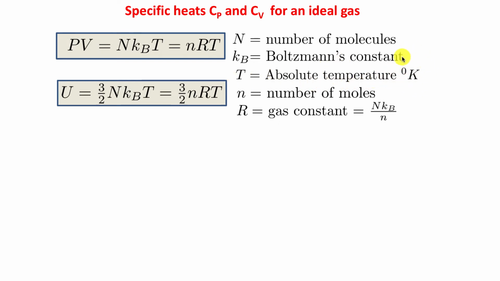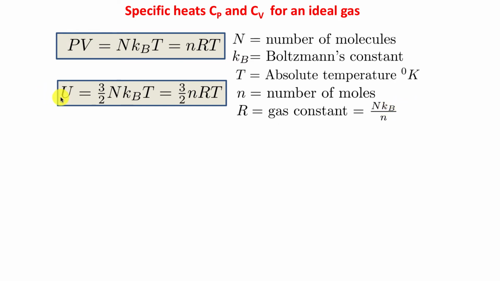It's measured in degrees Kelvin. n is the number of moles, and we've just discussed what a mole is. R is the gas constant. So I said over here, N k_B is equal to nR, and so R is then defined as the number of atoms divided by the number of moles times the Boltzmann constant.